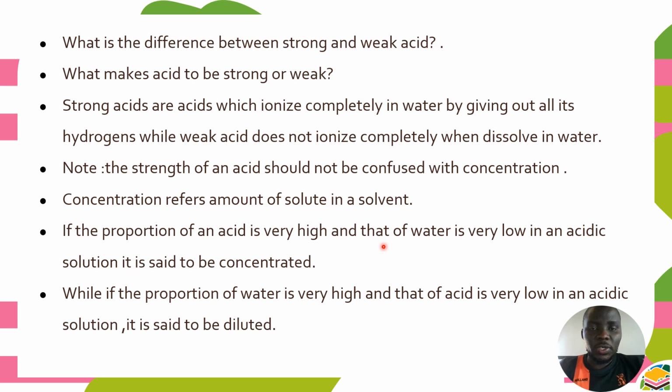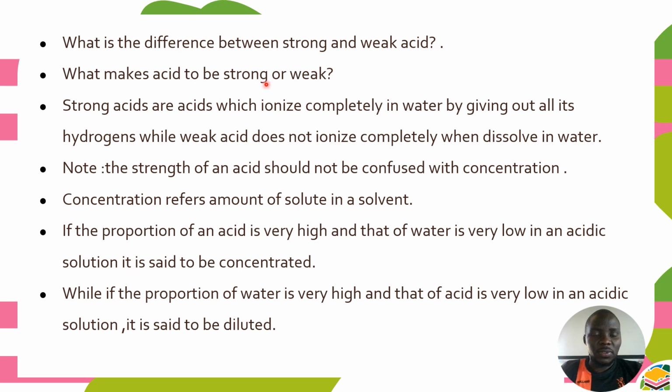We need to look at the difference between strong as well as weak acid. The following questions will help us to know how we can tell whether this one is a strong acid or weak acid. What is the difference between strong and weak acid? And what makes an acid strong or weak?